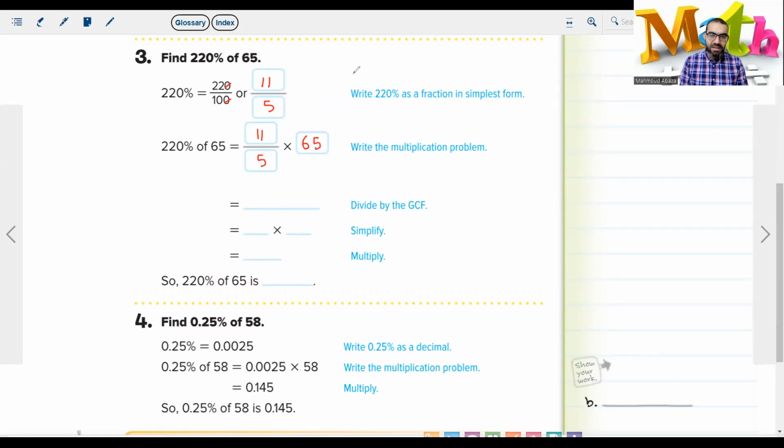Now we can also use cancellation: divide by 5 gives you 1, divide by 5 gives you 13. So it's like 11 over 1 multiplied by 13. 11 multiplied by 13 is 143. So 220% of 65 is 143.